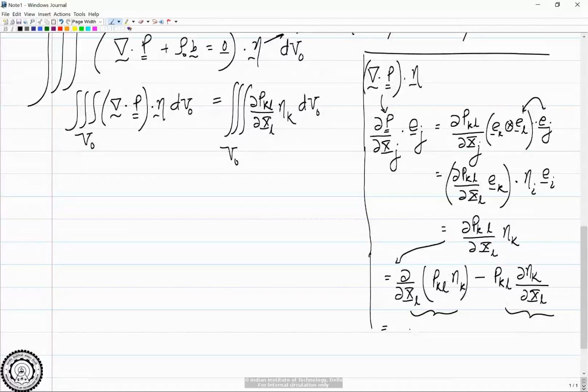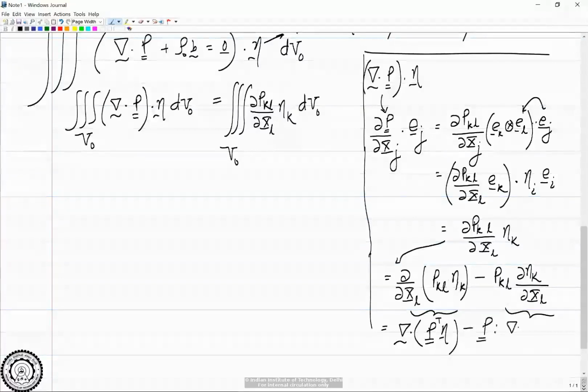So you will see that this is actually divergence dot P transpose eta. You can work out the index notation and you will get this. Okay, so this is eta. And the second term is quite evident. It is P double contraction gradient of eta.